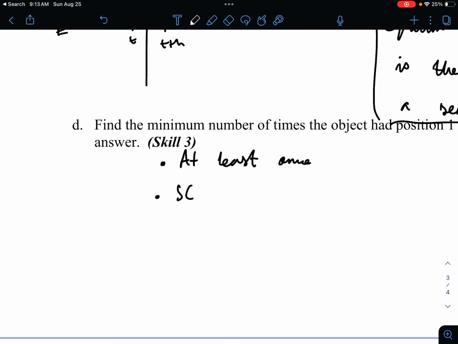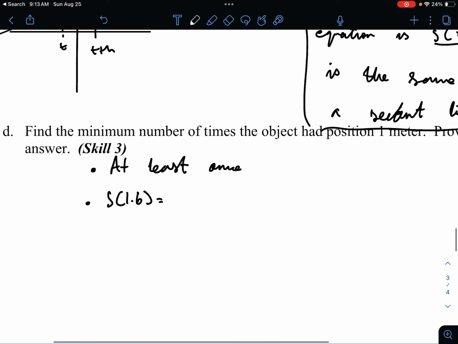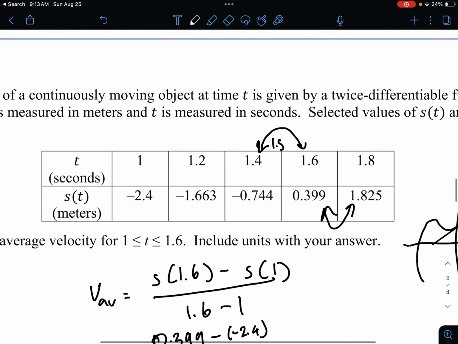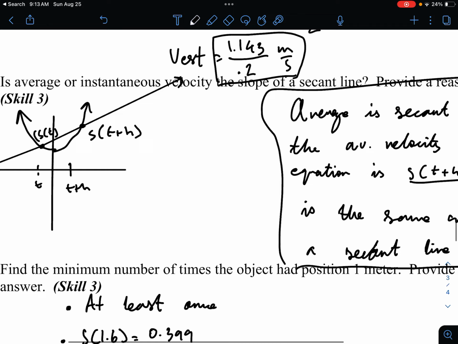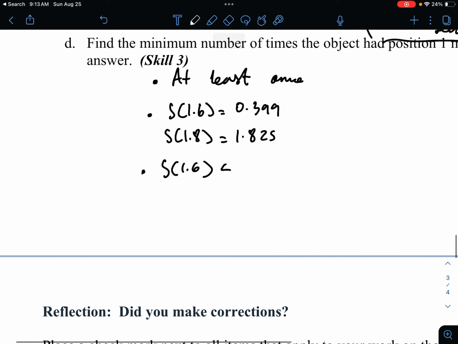So I'll say s of 1.6 is going to equal 0.399, and s of 1.8 is going to equal 1.825. And then I'll say s of 1.6 is less than 1, and s of 1.8 is greater than 1.